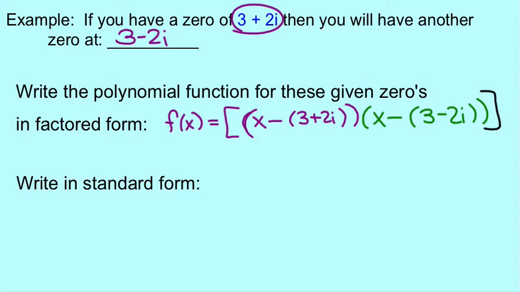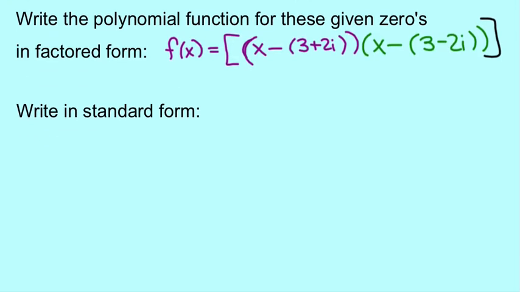All right, so what we have here is in factored form. What we want to do is we want to FOIL it out. So what I'm going to do first is I'm going to just distribute the negatives through here.